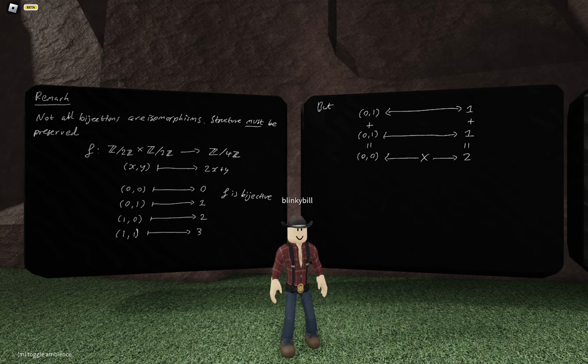And I won't write it, but I wrote down that facts about Z mod 2Z direct product Z mod 2Z don't translate to Z mod 4Z facts. And I guess this example alone doesn't tell you that these two groups are not isomorphic. It only tells you that this F is not a good candidate for demonstrating the isomorphism.